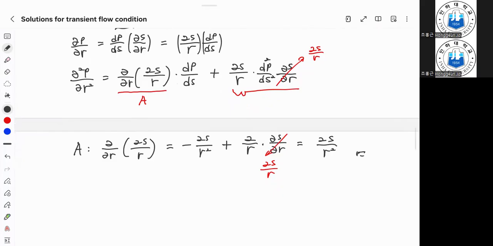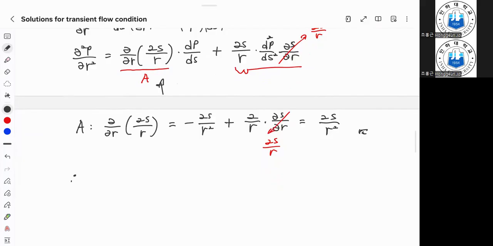If we take it back to the above equation, then we will get partial P, partial R squared is equal to 2s over r squared times dP ds plus 4s squared over r squared times the second derivative of P with respect to s.